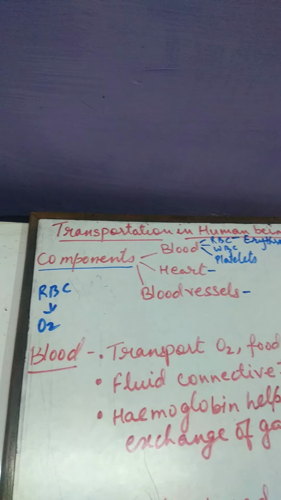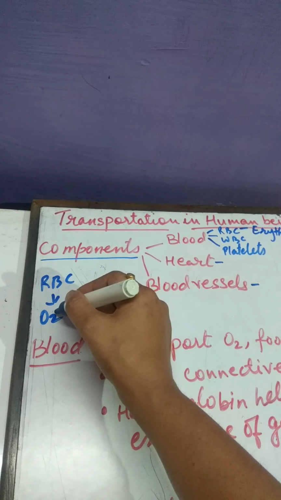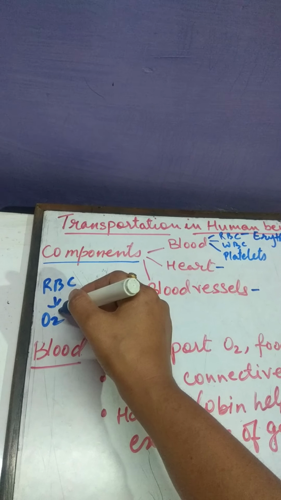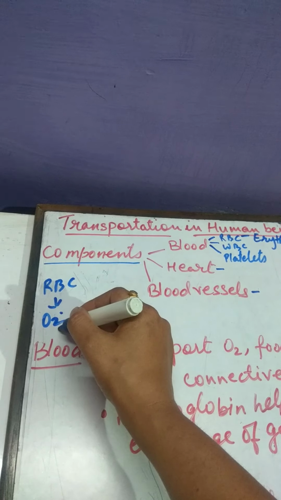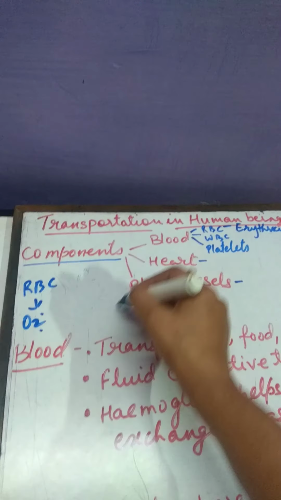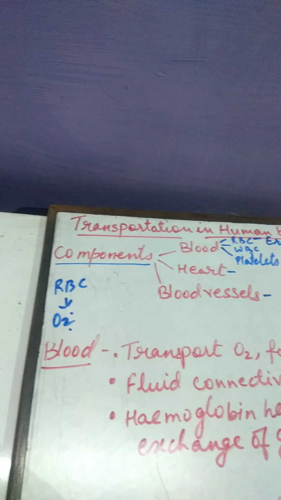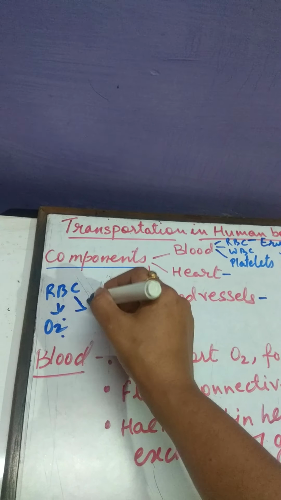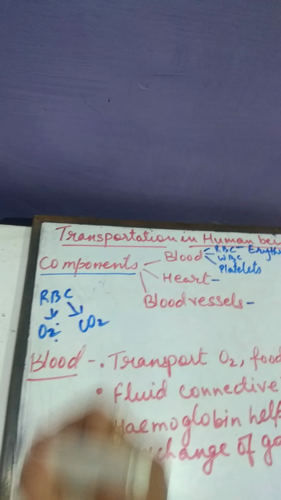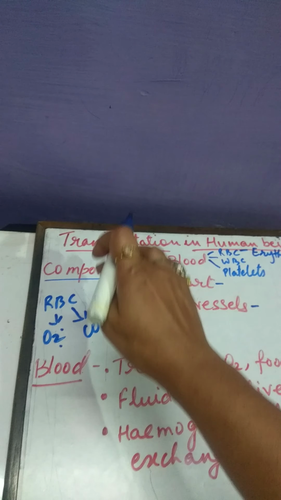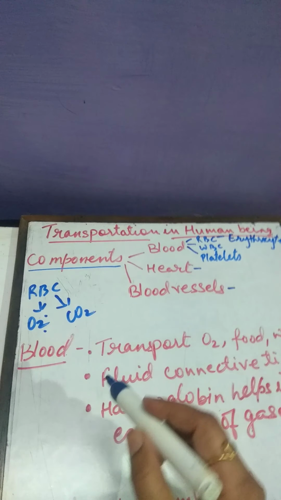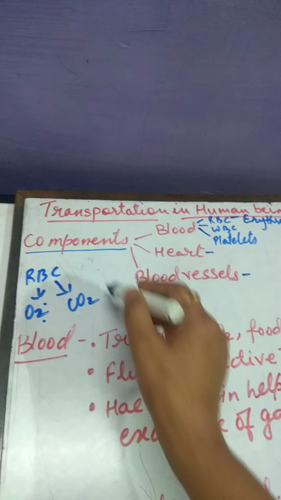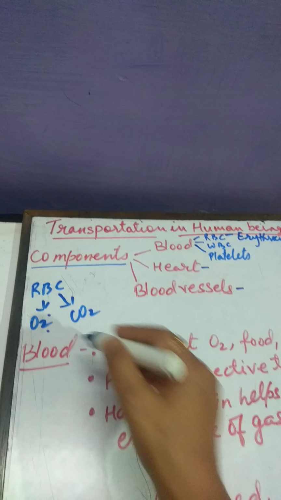Carrier of oxygen means from lungs, it will absorb oxygen and carries to different parts of the body. Clear? And it also helps in removal of carbon dioxide from body cells to the lung. Clear?